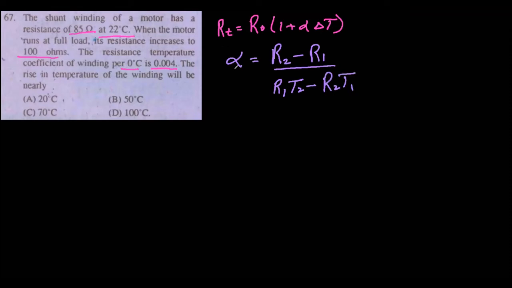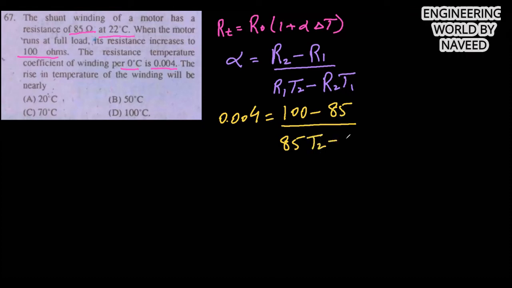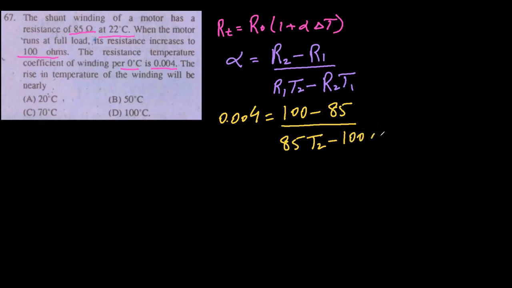In this case, the temperature coefficient is given to us, and that is 0.004. R2 is 100 ohm, R1 is 85 ohm, and we need to find T2. So that should be T2 minus R2, which is 100 ohm, times T1, which is 22 degree.